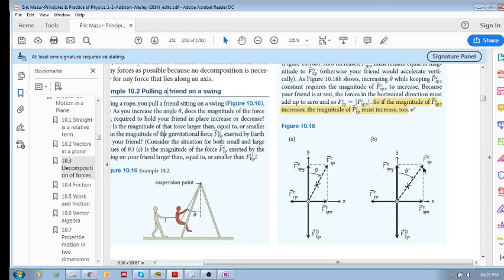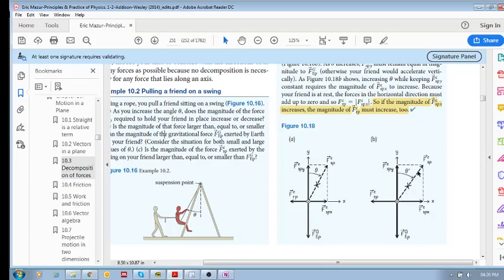Can you see that the length of this force over here is larger than the length of the force over here? Okay? So as you increase this angle, in order to maintain the same vertical component, the force itself must get larger.